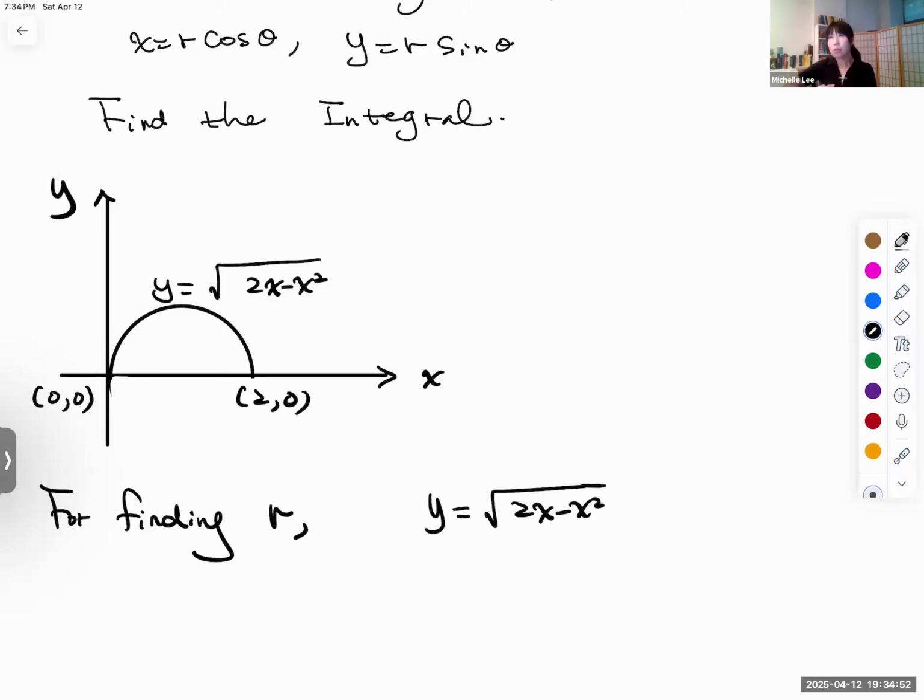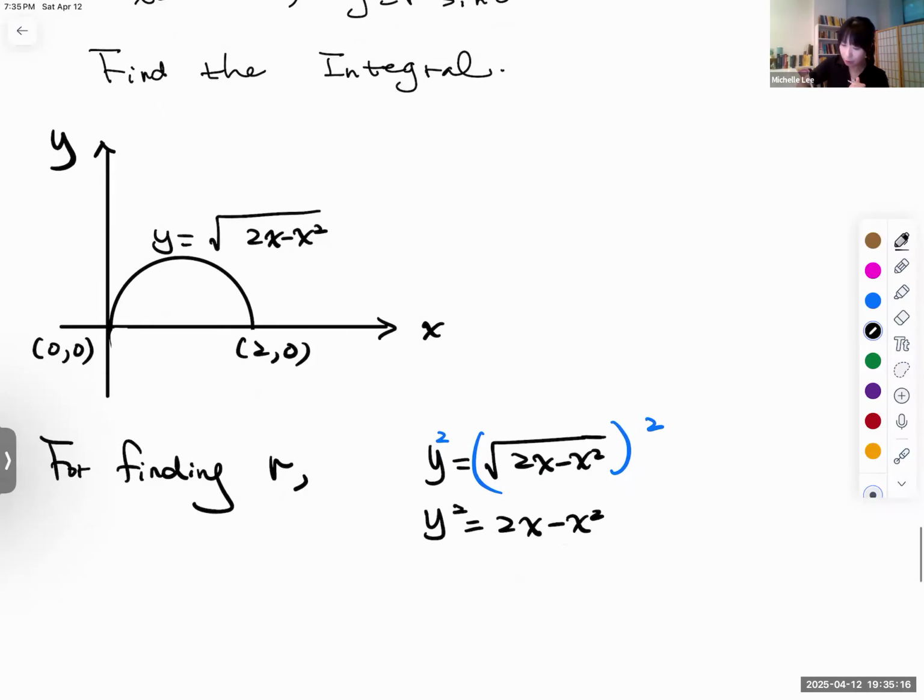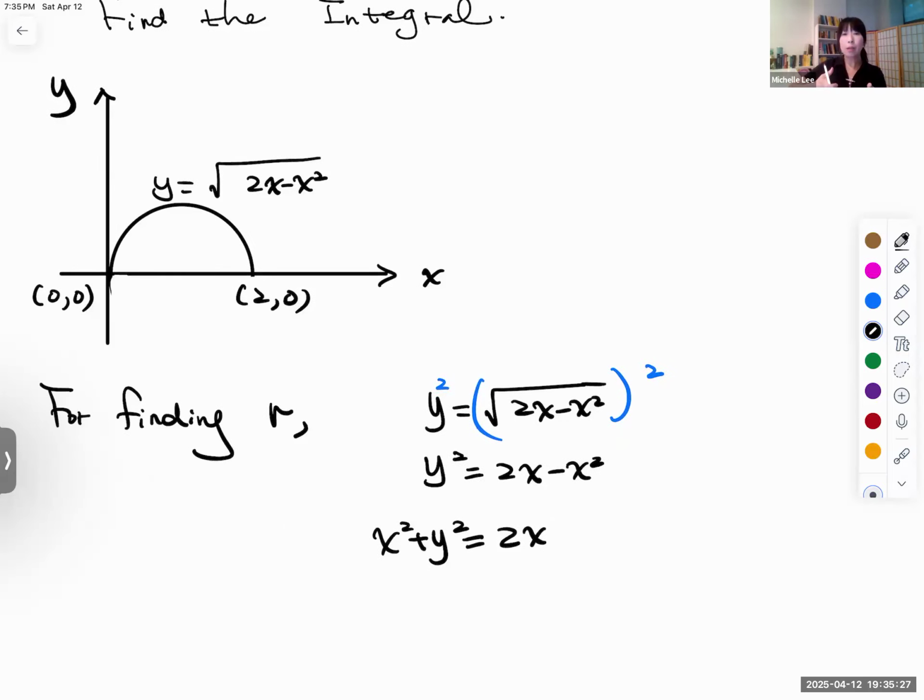All right, so we want to find r. We square both sides and see what's going on. So we have y squared equal to 2x minus x squared, right? We move the x squared to the other side, so we have x squared plus y squared equal to 2x. Now we can express everything in terms of r and theta.